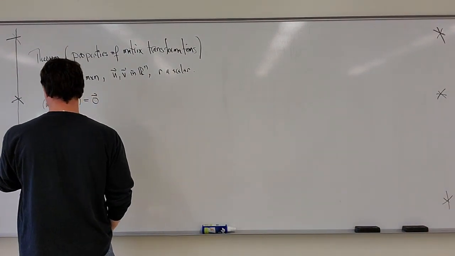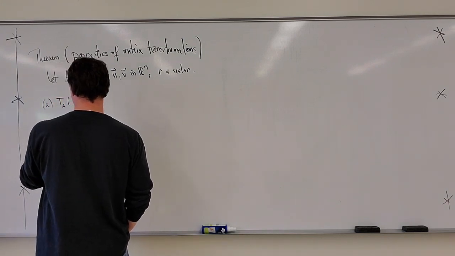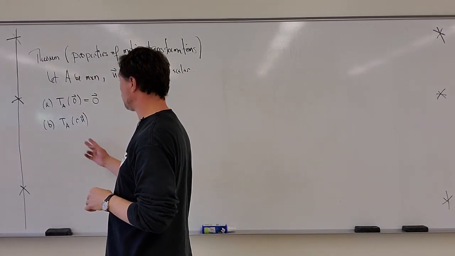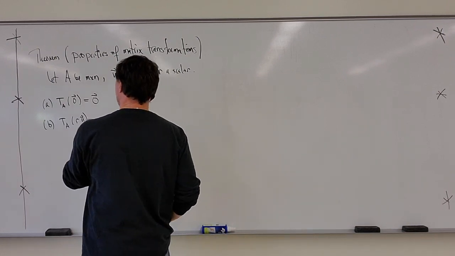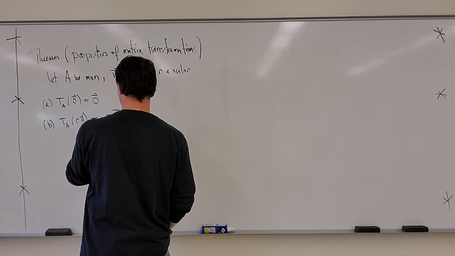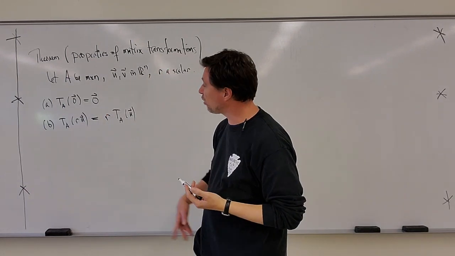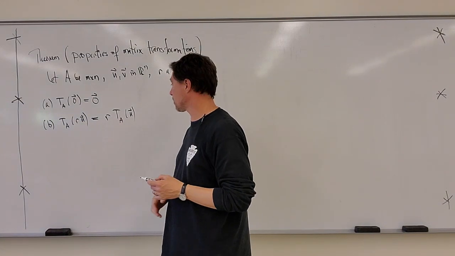Property B: T sub A of r times u. So if we do scalar multiplication, r times u, and plug that into the matrix transformation, that's equal to r times T sub A of u. So this is nice. You can pull the constant out of the transformation operation.